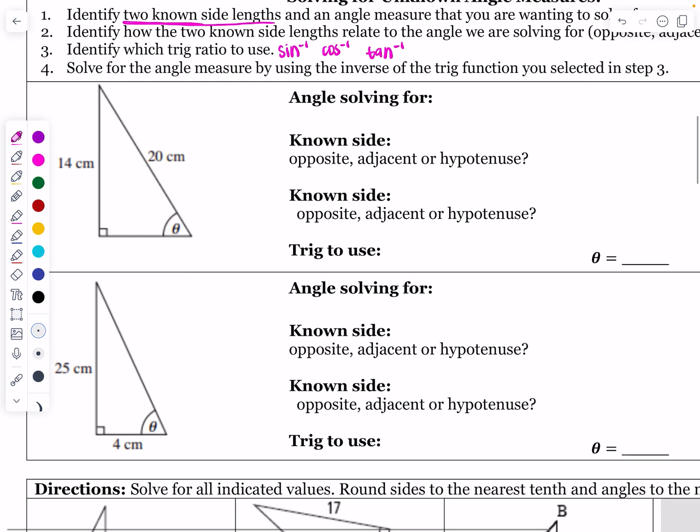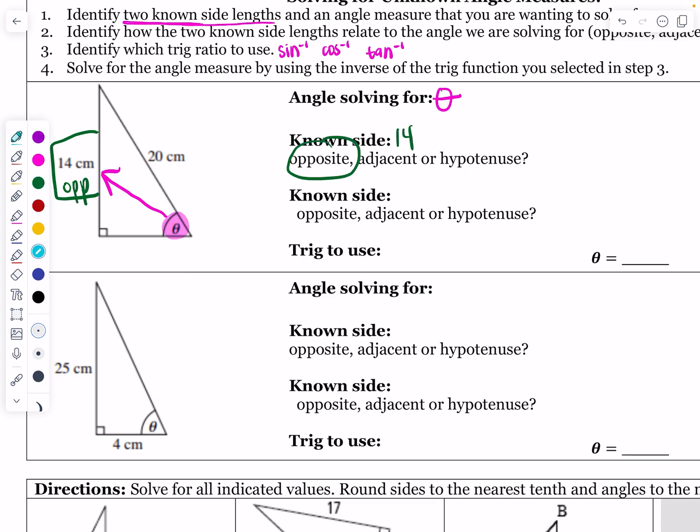So what is the angle that we're solving for? In our picture, the perspective is theta. I know I'm looking for an angle, so I know I'm going to be using inverse trig. The angle I'm solving for is theta. I have two known sides. I have the 14 from theta, which is its opposite.